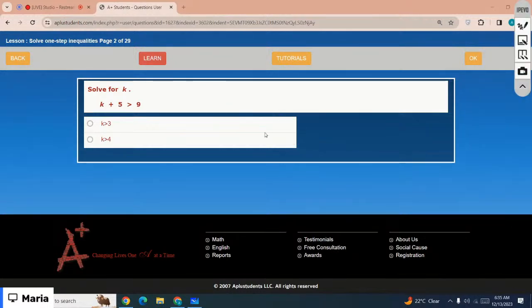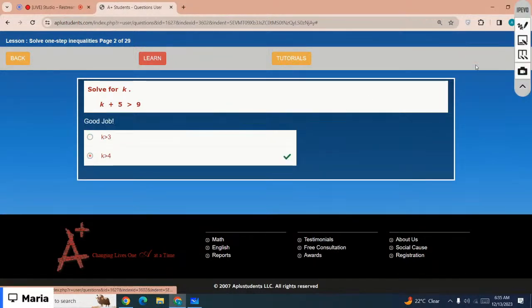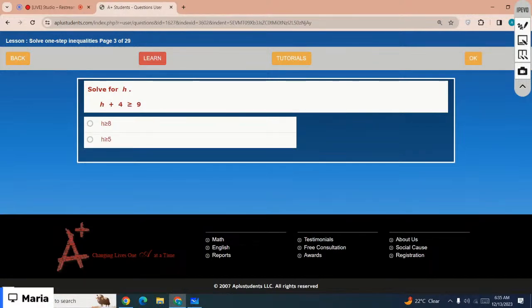Now the next one you have to do on your notebook and write the answer in the chat box. The next one is solve for h. So which is the correct option?